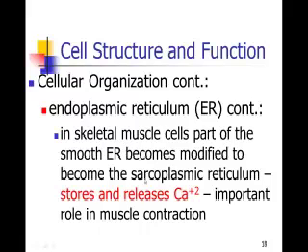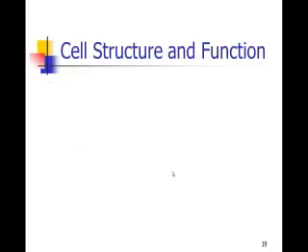Sarcoplasm refers to muscle cell cytoplasm, and the sarcoplasmic reticulum stores calcium until it's needed, and then during muscle contraction the calcium is released, and the calcium enables the cross fibers within the muscle to move and contract. We'll talk more about that when we get to skeletal muscle. But that's where it's stored, and then once the contraction is over, the calcium is pumped back into the sarcoplasmic reticulum until it's needed again.